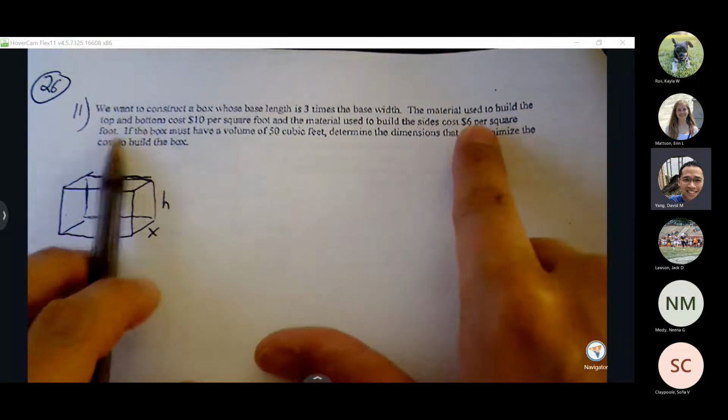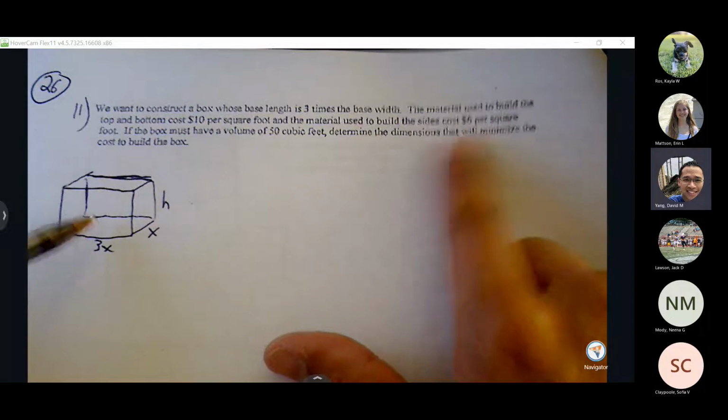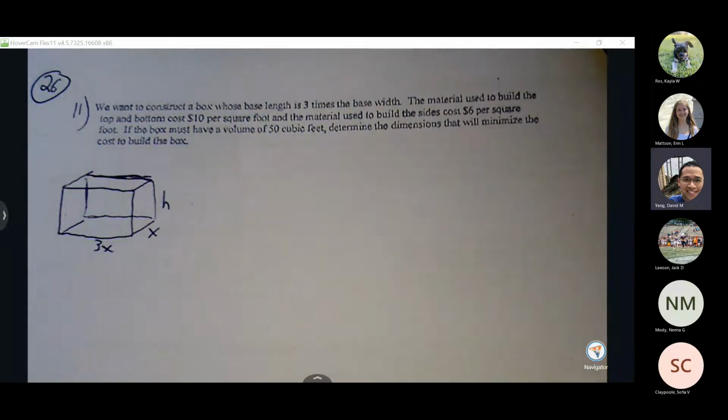The material used to build the top and bottom costs $10 per square foot, and the material used to build the sides is $6 per square foot. If the box must have a volume of 50 cubic feet, determine the dimensions that will minimize the cost.